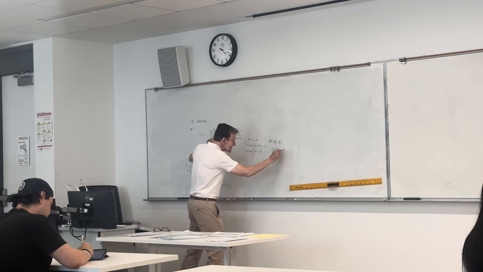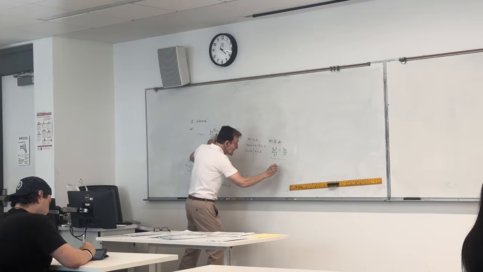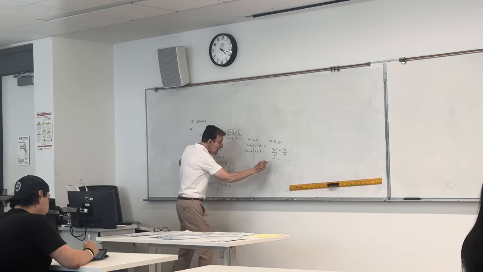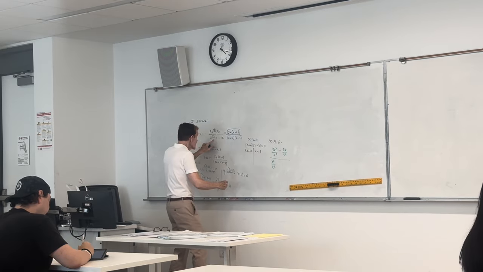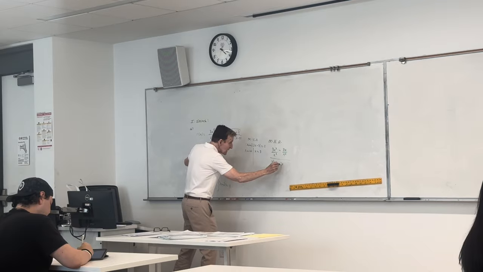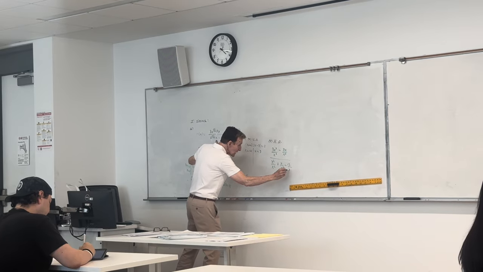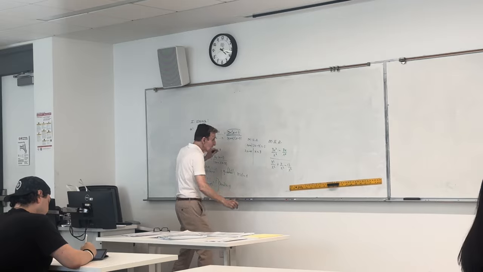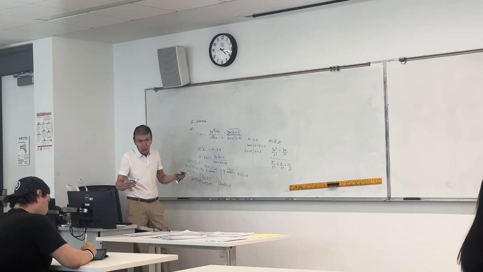Minus 3x, divide by x squared. Denominator, everything by x squared, since the 2 is the highest, plus x over x squared, subtract 12 over x squared. And then simplify those from algebra.